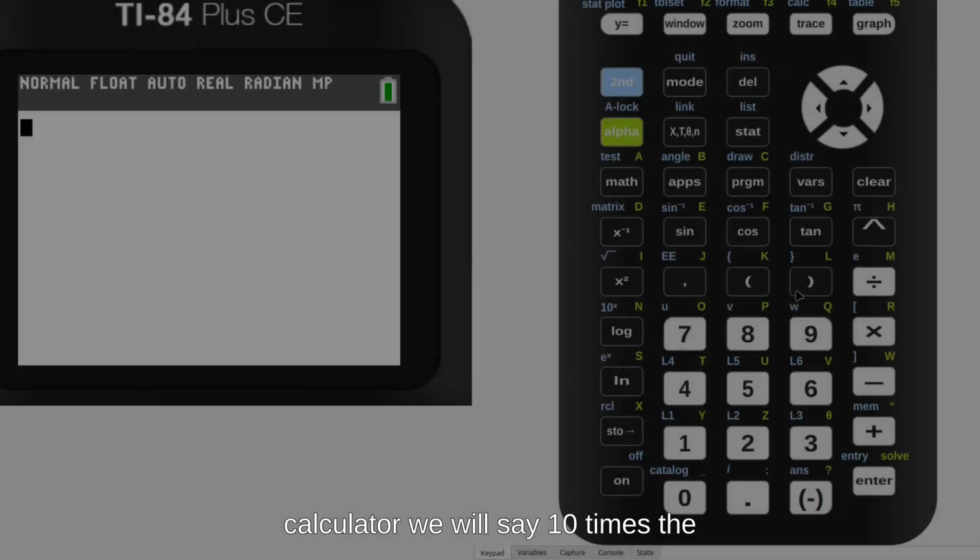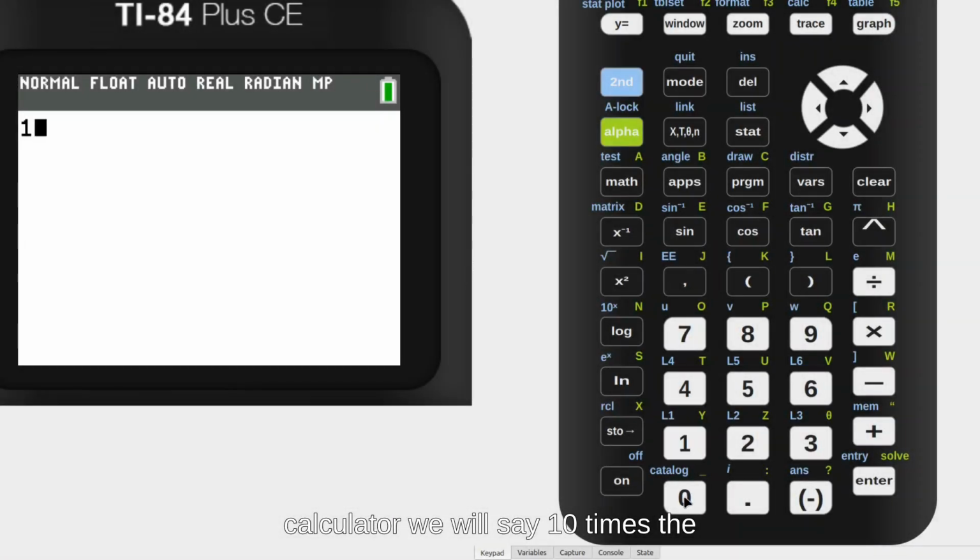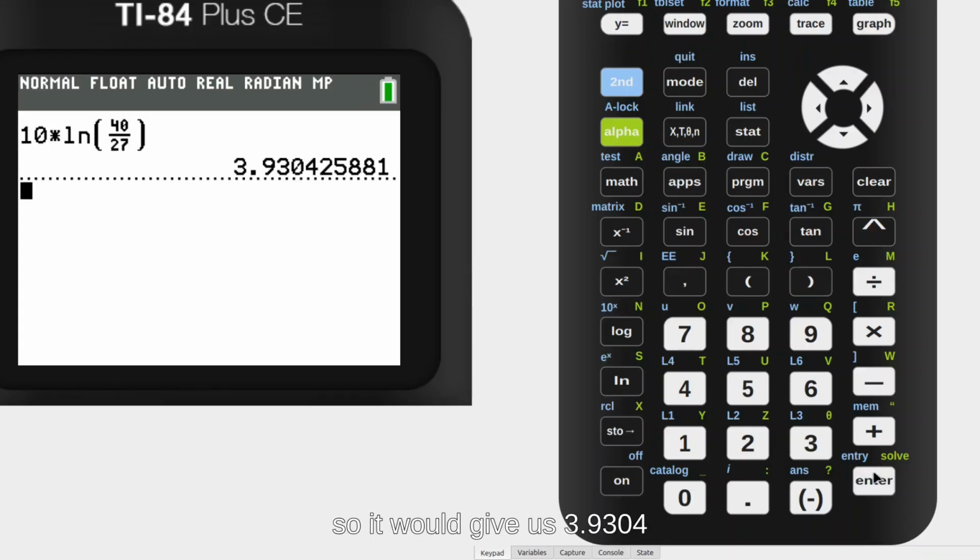Okay, in our calculator, we will say 10 times the natural log of 40 over 27. So it will give us 3.9304. So let's check that real quick and see if that's the answer.